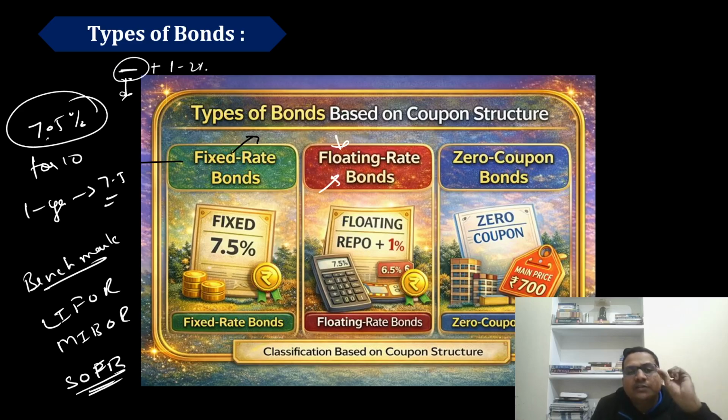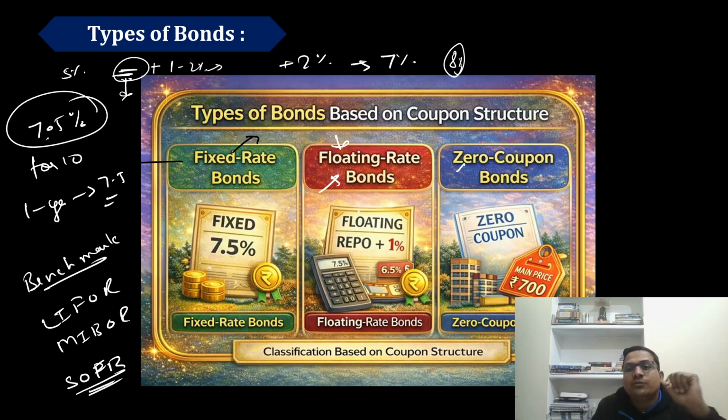This benchmark interest rate keeps on changing with respect to time, so the overall interest rate is going to change. Suppose the benchmark interest rate is 5%, and I say floating plus 2%. So the overall interest I'm going to earn is 7%. Now let's say this benchmark interest rate has increased to 6%. Now I'm going to get 8% interest on this floating rate bond. So that's how the amount of interest you earn on your investment will keep on varying.